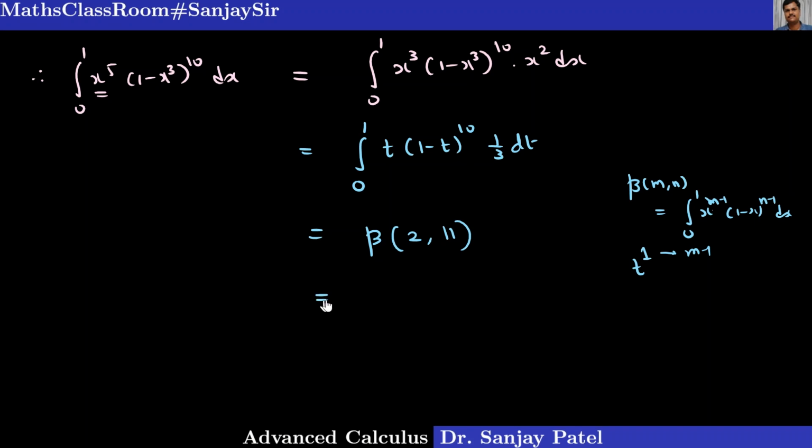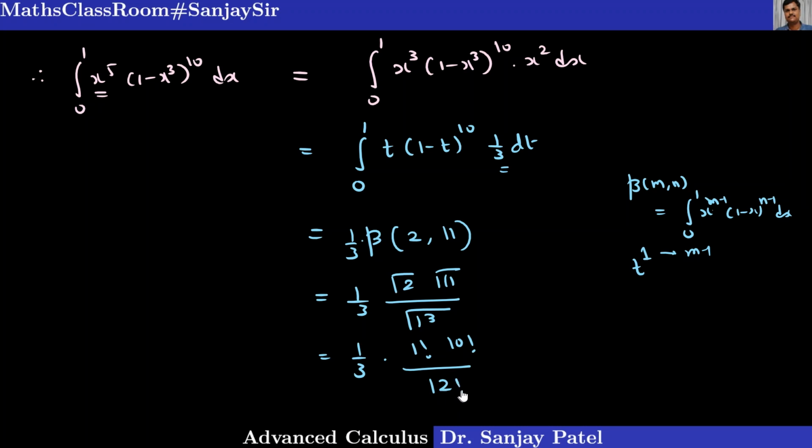That's all. So this is equal to gamma 2 into gamma 11 by the relation between beta and gamma function, upon gamma 13. And yes, I forgot to write 1 by 3 here. This 1 by 3 is a constant, I can keep it outside of this integral sign. So this is equal to 1 by 3, gamma 2 is 1 factorial and gamma 11 is 10 factorial upon gamma 13 is 12 factorial.